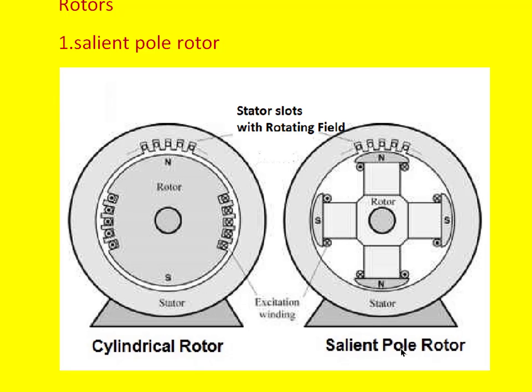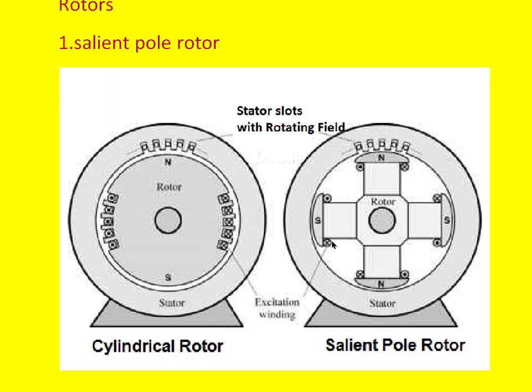Next there is another type of rotor used in the synchronous motor, called the salient pole rotor, like this. Here there are four poles. This is one, this is one, this is one, this is one. If you look at this, alternately we find north pole, south pole, north pole, south pole like this. As usual, this is the stator, and the stator will also have slots in which the three-phase winding is placed.